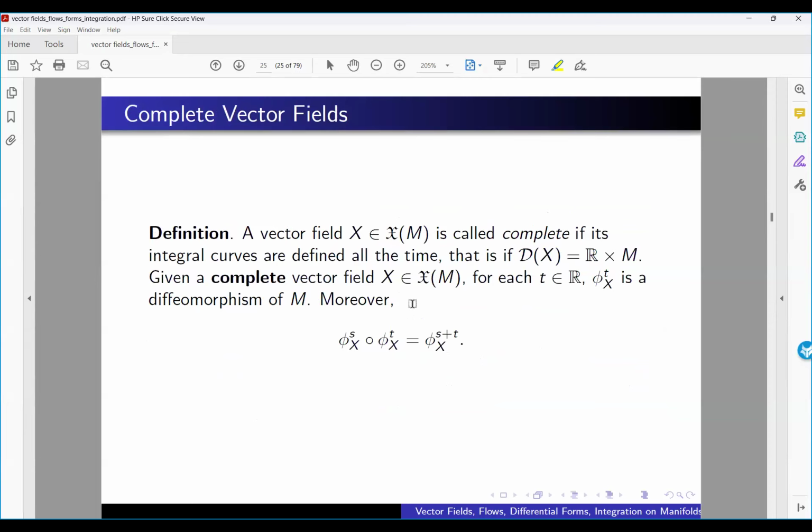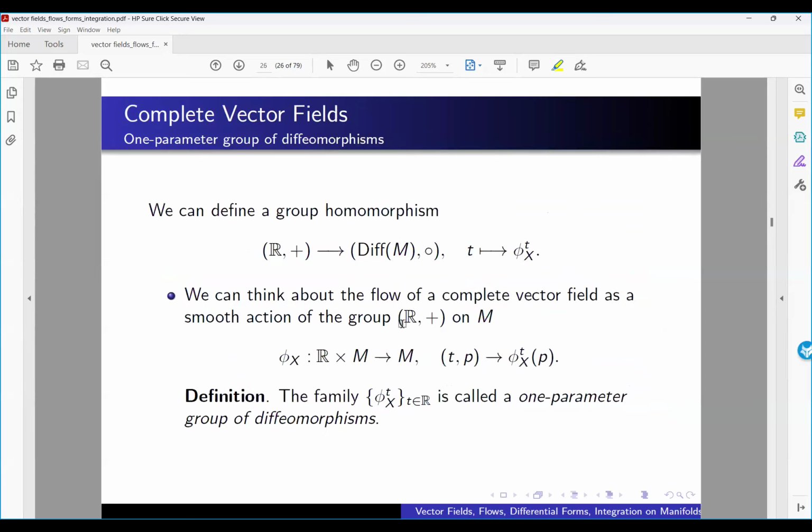What we showed in the picture is that phi s composed with phi t is in fact phi s plus t, which means that we can find a group homomorphism between the additive group of the real numbers and the group of diffeomorphisms of a manifold. This means bijective, smooth, and inverse smooth, from M to M, the manifold to itself.